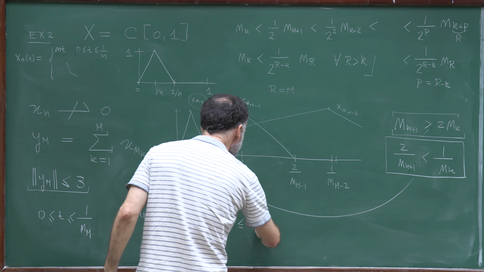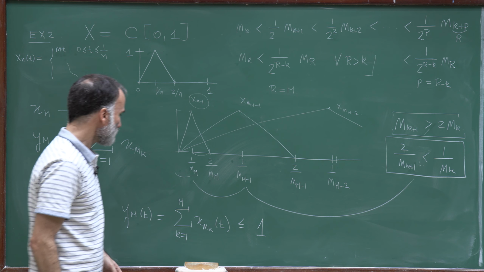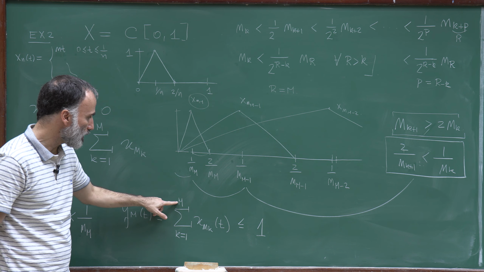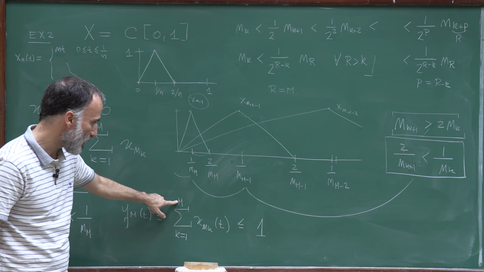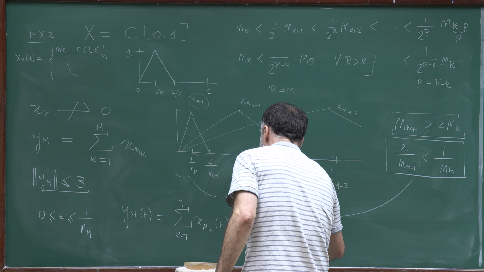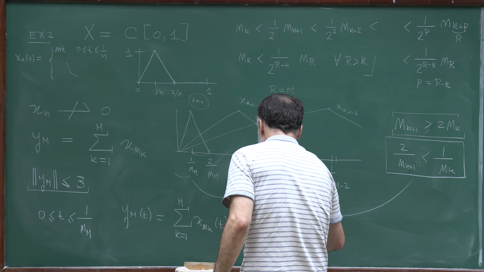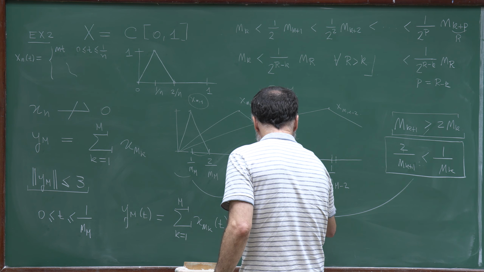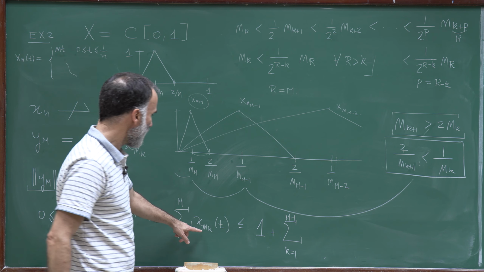So this is bounded by 1, plus the sum for k from 1 up to m minus 1 of x_{n_k}(t).